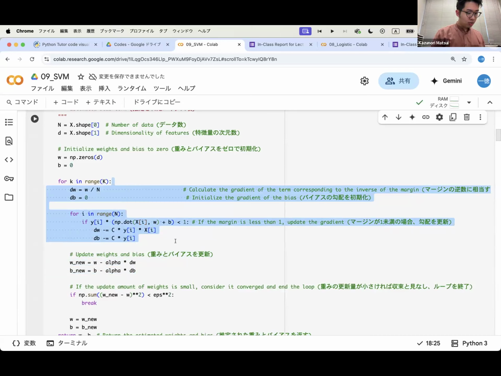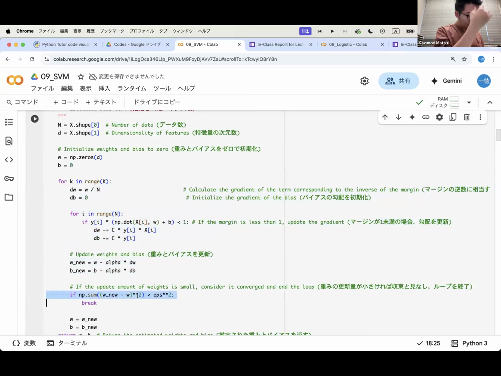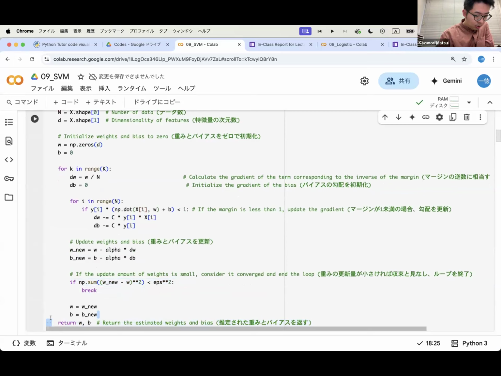Since we can calculate the gradient, we multiply by alpha and subtract to get the new W and B. When the update amount of the weights becomes small, we consider it converged and end the loop. If the update amount is not yet small, we replace W and B with the W and B obtained earlier, and repeat the calculation again.